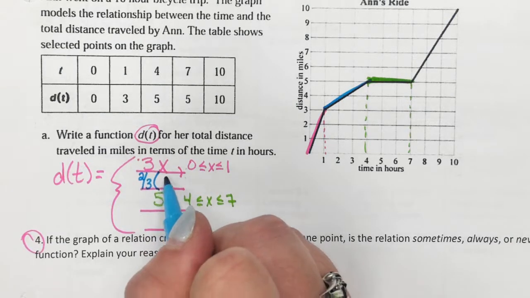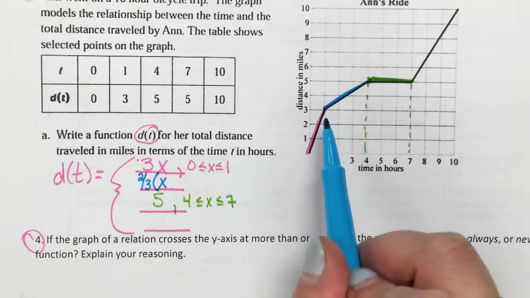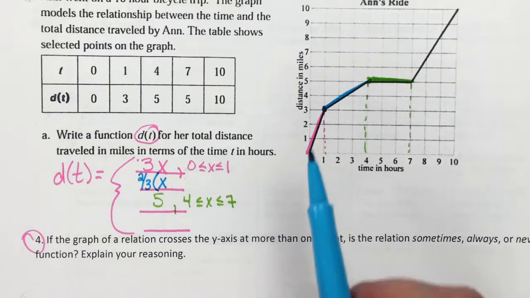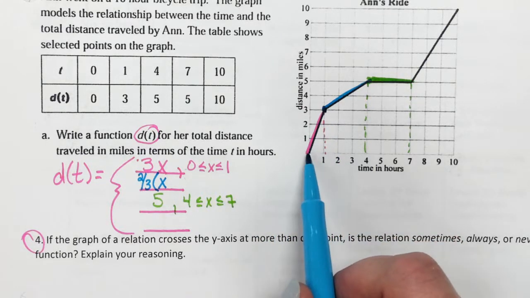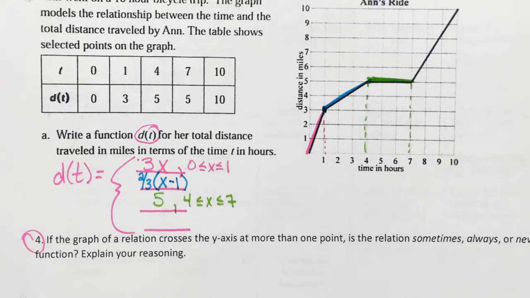We do parentheses, x, and anything inside the parentheses moves left and right. So from this point, how far did it move from the origin to the right? 1. Here's the origin, it moved right 1. So we're going to do opposite sign, minus 1.